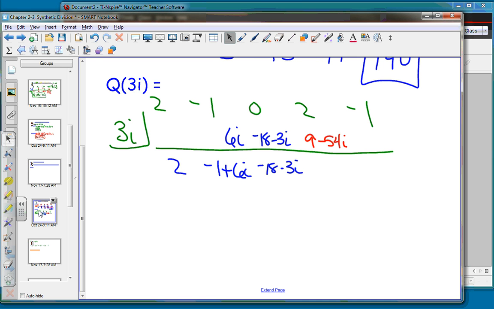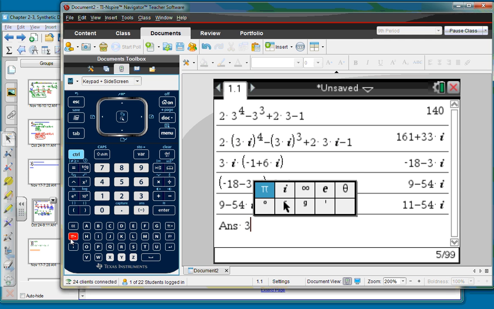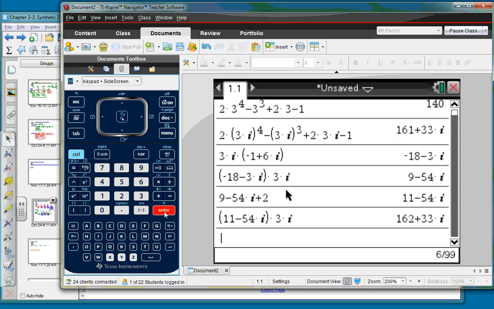What do we do on the diagonal? We multiply. What do we do on the vertical? We add. So 2 plus 9 is 11. Then I take that 11 minus 54i and multiply it by 3i. I multiply this times 33i and hit enter.